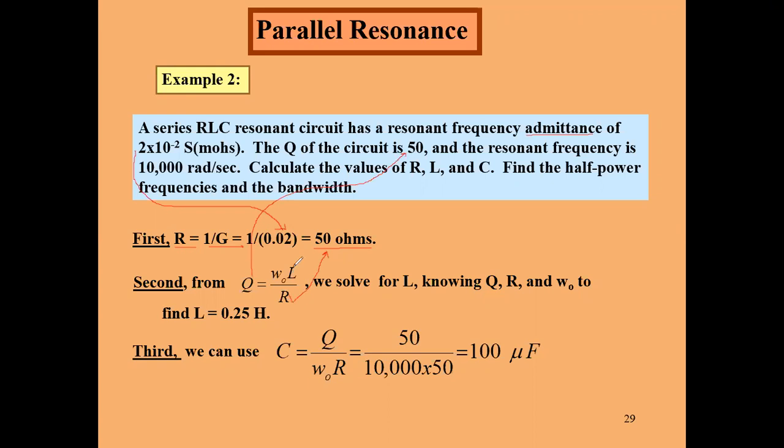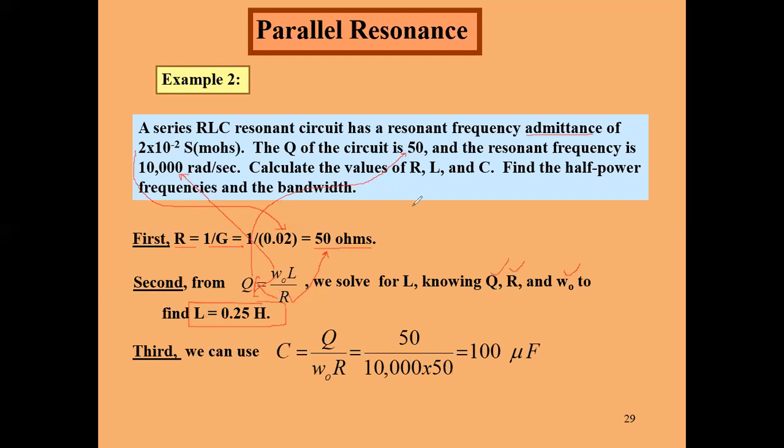To solve for L, L is equal to Q R divided by omega 0, where the dividing part becomes multiplication and the multiplication part goes into the divisor. The resonance frequency, that is the omega value, is 10,000 radians per second. When we solve by putting the values of Q, R, and omega, we obtain the value of L as 0.25 Henry.